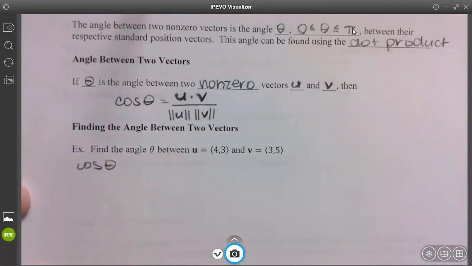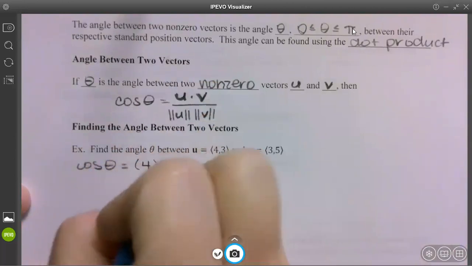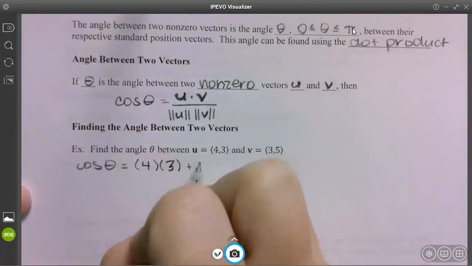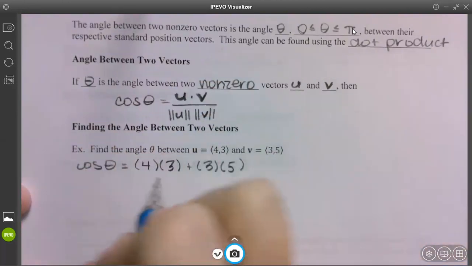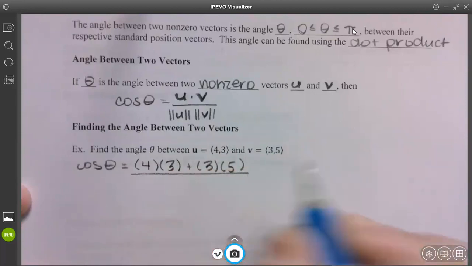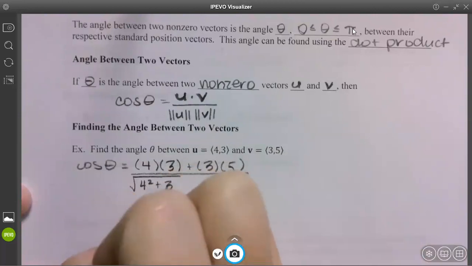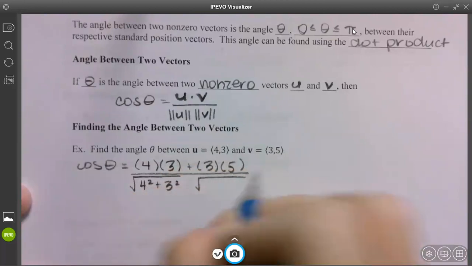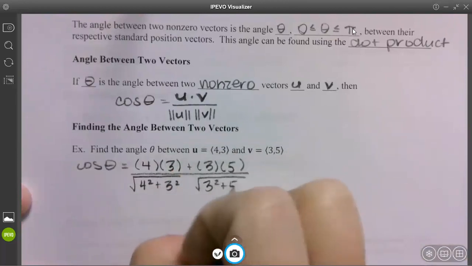So cosine theta equals, remember to do U times V, that's what we did on the front page. We're going to do our x's multiplied together plus our y's multiplied together. And then to find your magnitude of U, it's that distance formula. We're going to use 4 and 3, but then you also have the magnitude of V. So we're going to use the 3 and the 5.